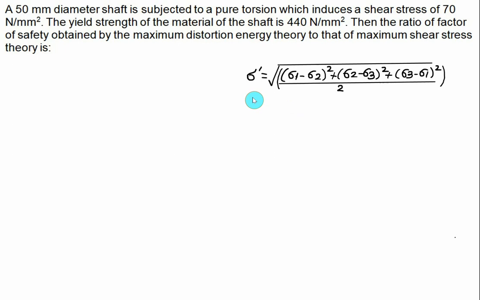Then by distortion energy theory, we have von Mises stress equal to SYT divided by factor of safety n. Secondly, you have to calculate the factor of safety using maximum shear stress. So let's say this factor of safety is n1 in the case of distortion theory.